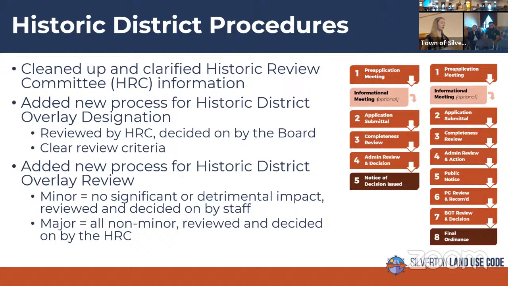And then there are minor and major historic district reviews. Minor reviews are any proposed construction or change that is not significant or doesn't have detrimental impact. And that can be decided on by staff, but anything that rises above that threshold has to be reviewed by the HRC. Next slide.